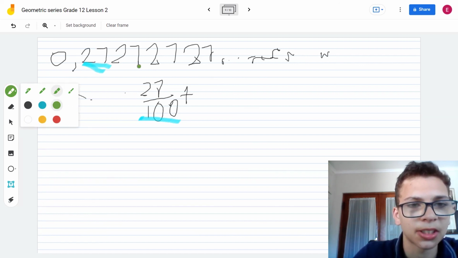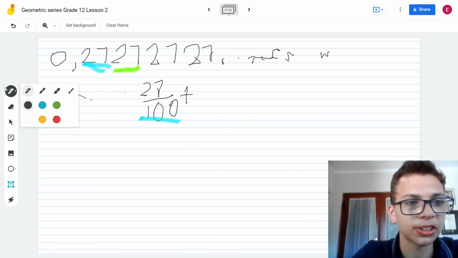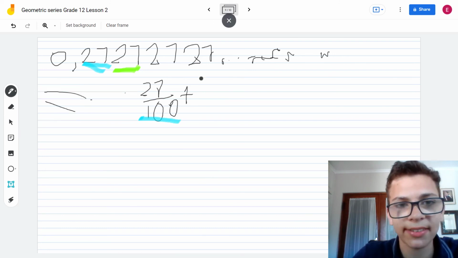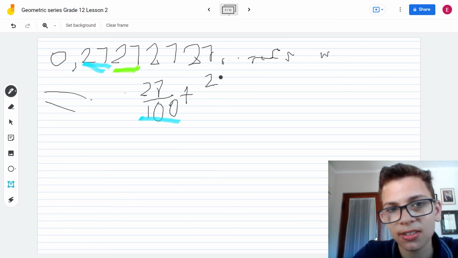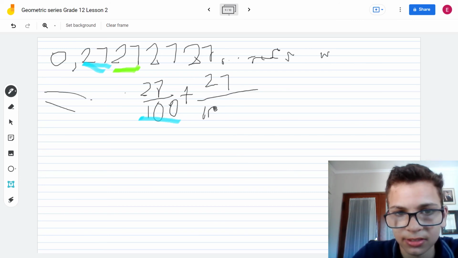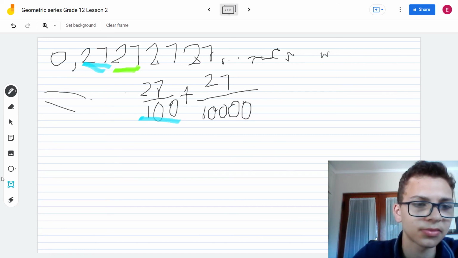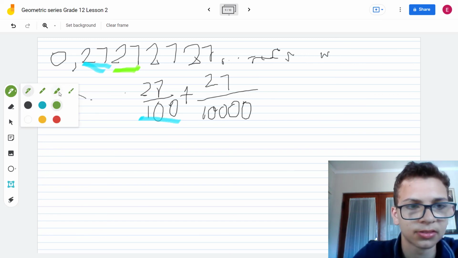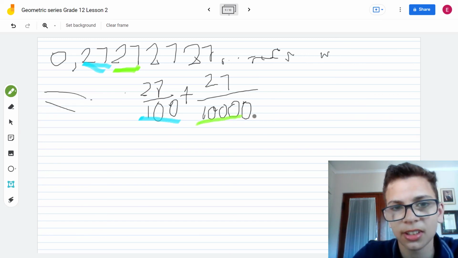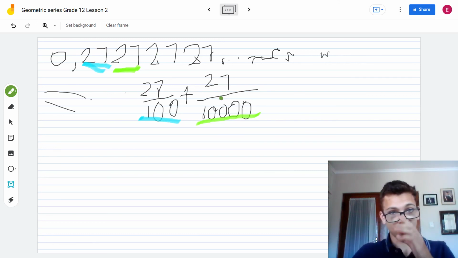Now I'm going to look at this part here. Now this would just be 0.0027, which is 27 over 10,000. So there'll be 4 zeros.